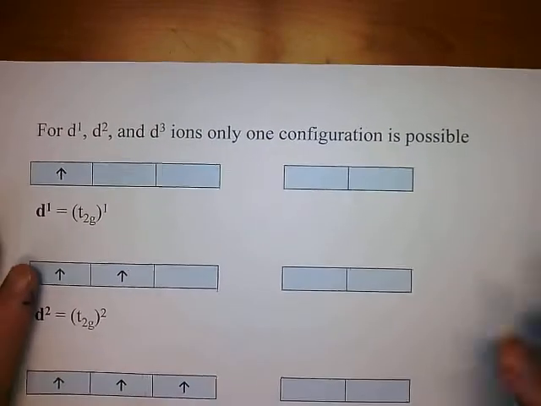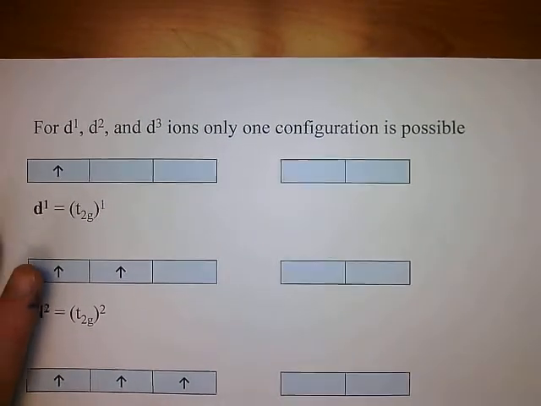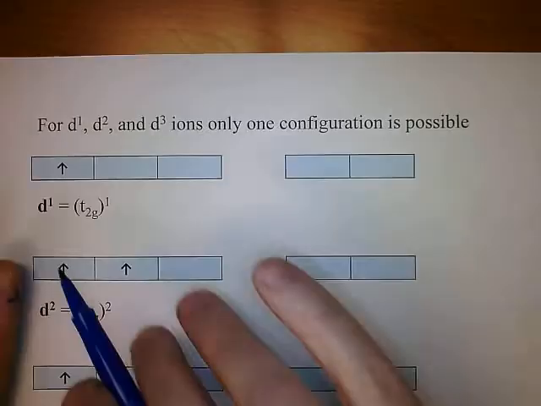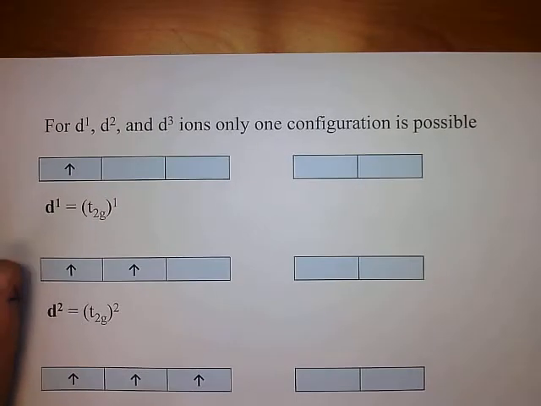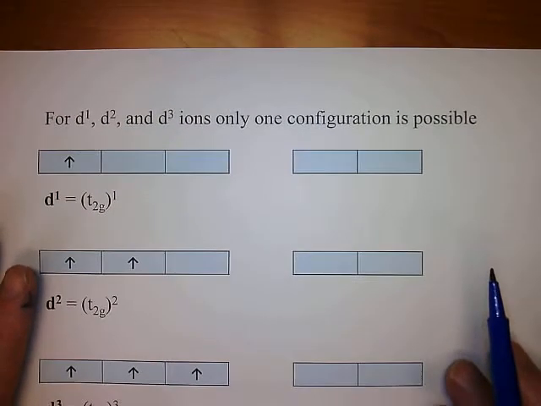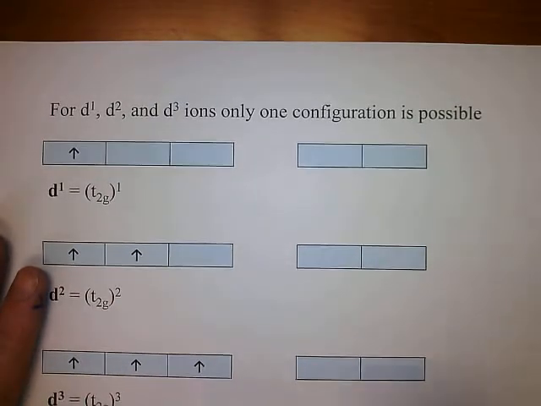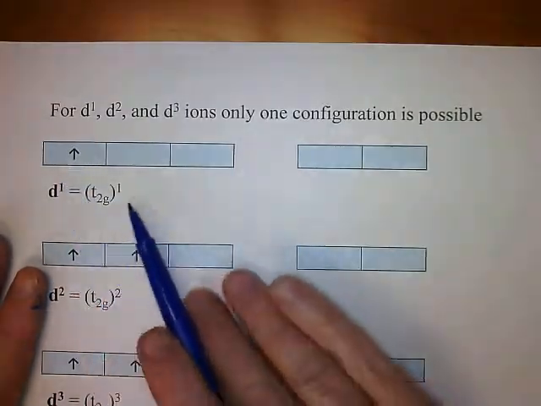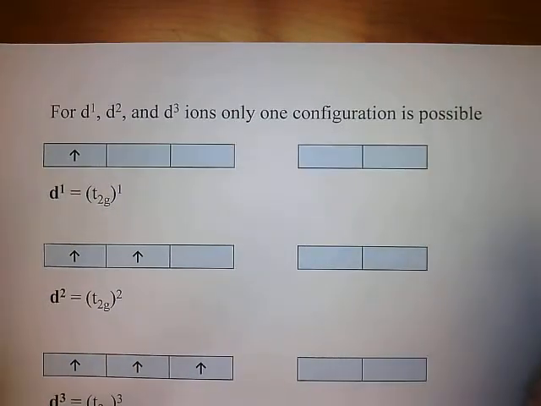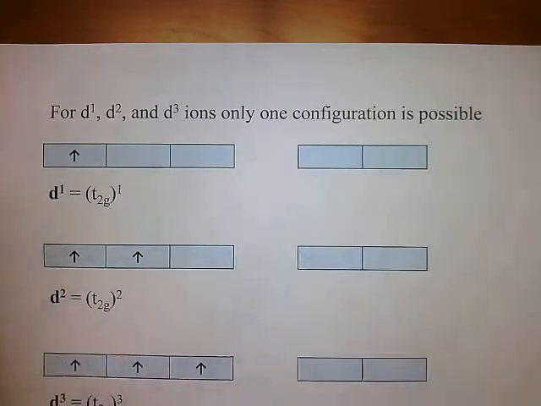All right, so let's walk through some of these electron configurations. For the first three ions that you could have, D1, 2, and 3, there's only one configuration possible. We start just like we were writing an electron configuration without any splitting at all. You always start at the bottom with the lowest energy orbitals.